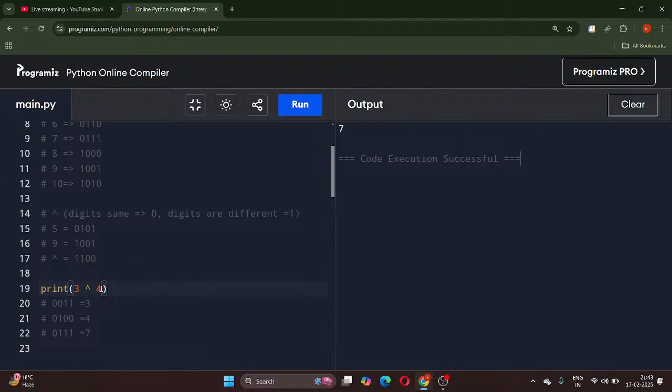So if you say 0 XOR 1, then the final answer that you're going to get is 1, of course. But if you go with 3 XOR 3, then of course you're going to get the final answer as 0, because the same number always gives 0 as your answer. Is it clear how XOR works?